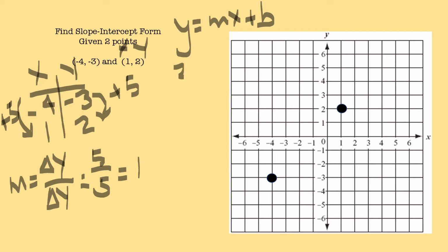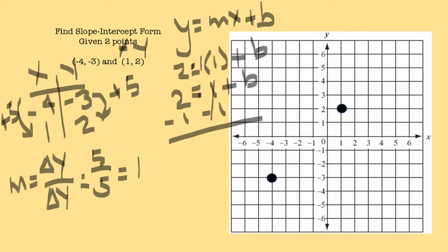So we're going to get 2 is equal to 1 times 1 plus b, which gives me 2 is equal to 1 plus b. If I subtract 1 from both sides, I get b is equal to 1. So my formula is going to be y is equal to x plus 1.